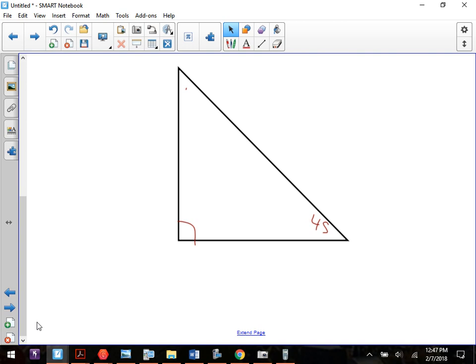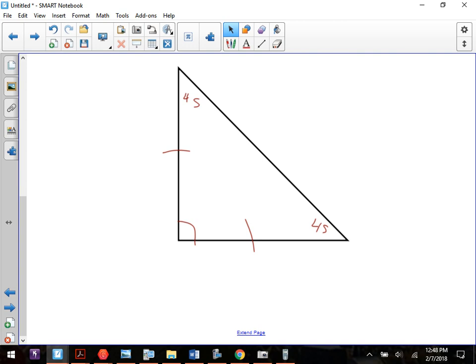Because if it has one 45-degree angle and a 90, what does the other angle have? 45. Good. Sometimes it might just be shown to you with those, which means they both have to be. Sometimes it might be shown to you as this, which means if you have that, then what do you have for your base angles? Just wanted to show you how that works sometimes. They like to change things up on you just so you understand where they're coming from as far as which one you're working with.